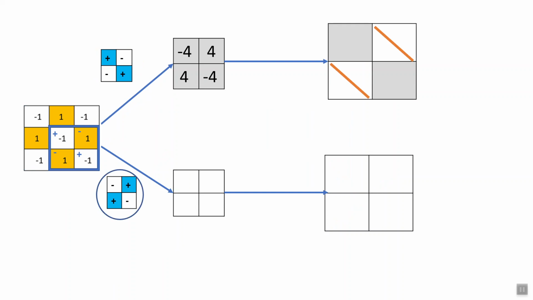Now it is used for the second filter. For the first value, it gives plus 4, so it represents the forward slash, or forward diagonal.